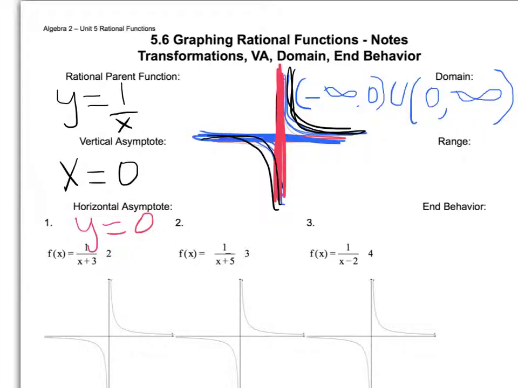But, as you can kind of see, the range is of this one. And you see how these don't touch the 0 right here. And so, you're going to basically do the same thing, and it's negative infinity to 0, union 0 to infinity.